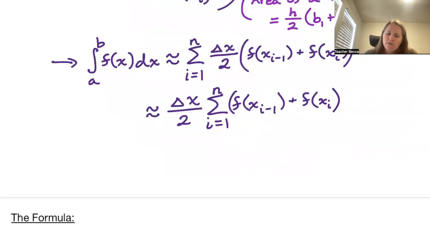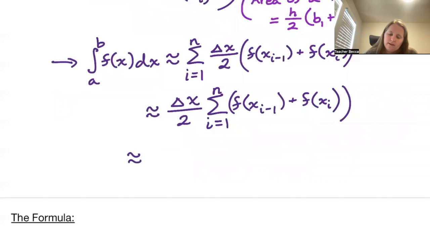It turns out that basically f of x0 will only pop up once in the I equals 1 term. F of xn will pop up once in the I equals n term, and everything else shows twice.